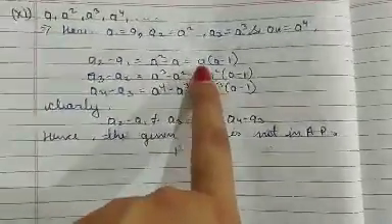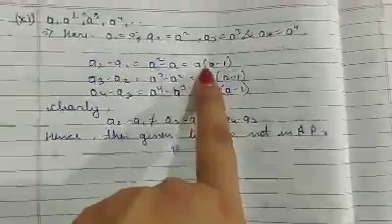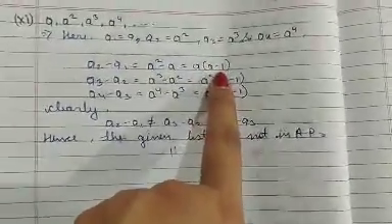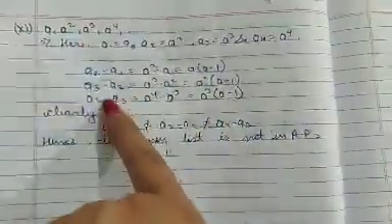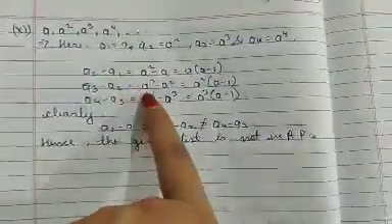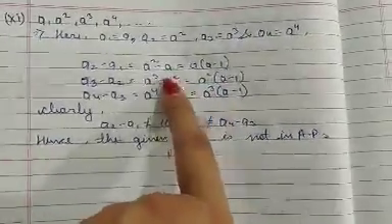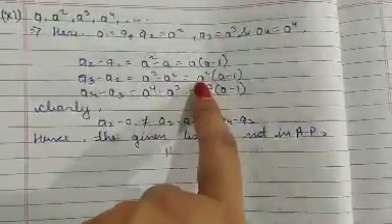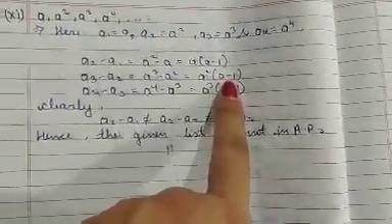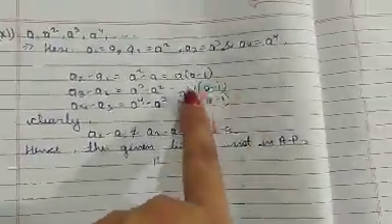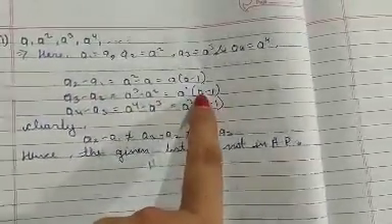Here a is common in both terms, so a comes out of the bracket, multiplied by a minus 1. This is the difference between the first term and the second term.